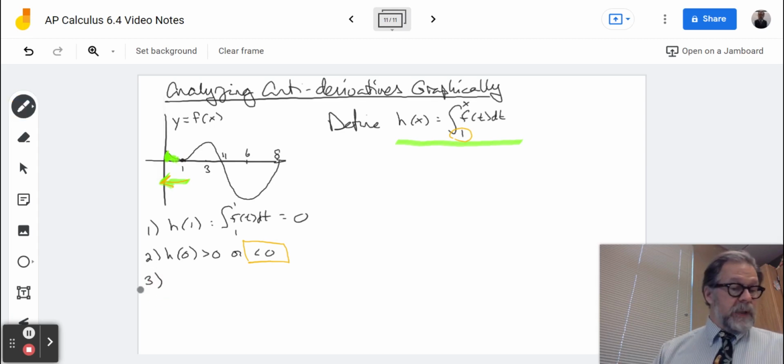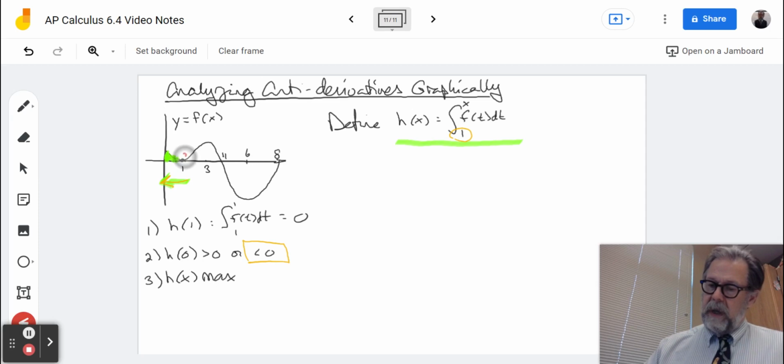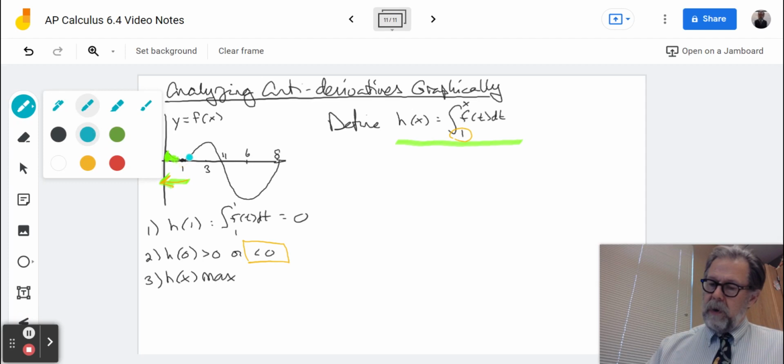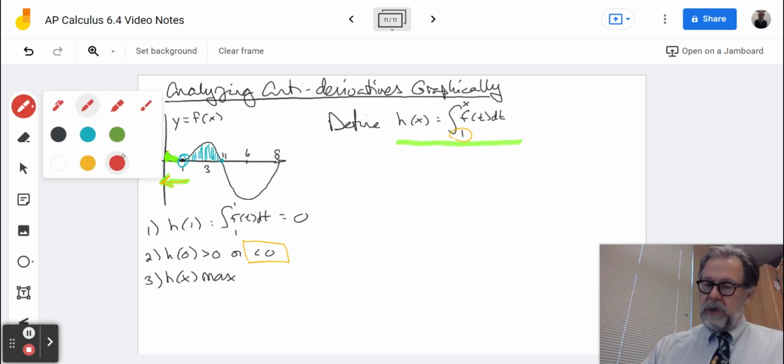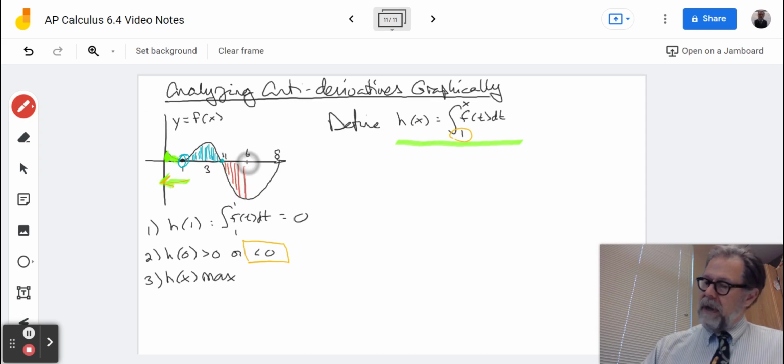So let's look at the maximum value of h. What do I know about h? Well, thing one, I know that h starts right here. I think I'll switch to blue. H starts right here, and it goes up, up, up, until it gets to here, at which point it starts going down, down, down, until it gets to right here.